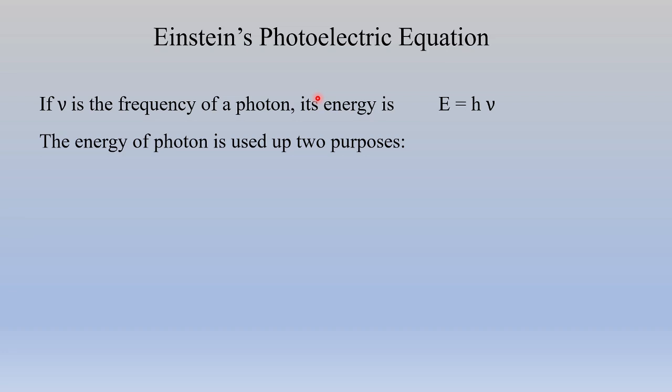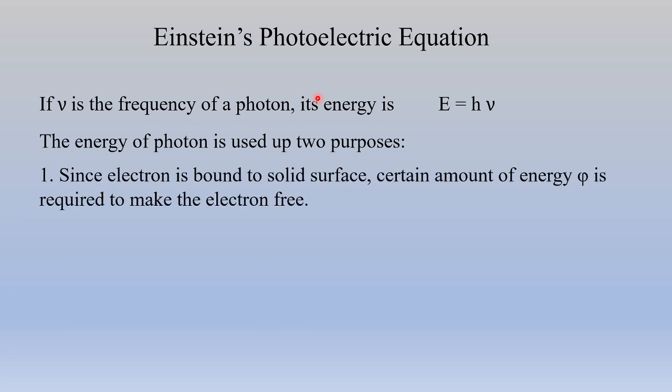So the major part of the energy of the photon is utilized to release the electrons from the metal surface. The energy required for this purpose is called the photoelectric work function. Usually it is represented by the symbol phi. So some part of the energy is utilized for the work function.